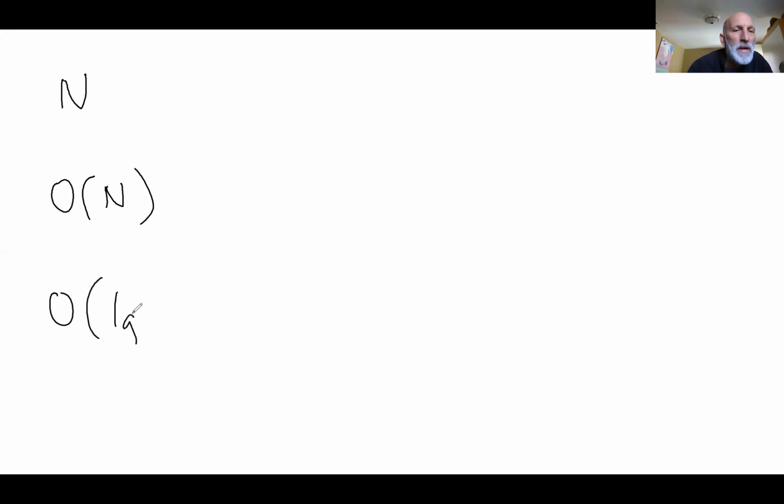Okay. So we're going to take a look at how much faster binary search is compared to sequential search. So let's start with a certain number of items in a list, n, and let's compare an algorithm that's order n versus the algorithm binary search that's order log n.